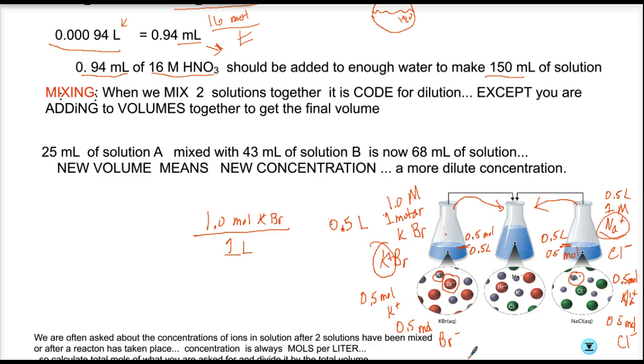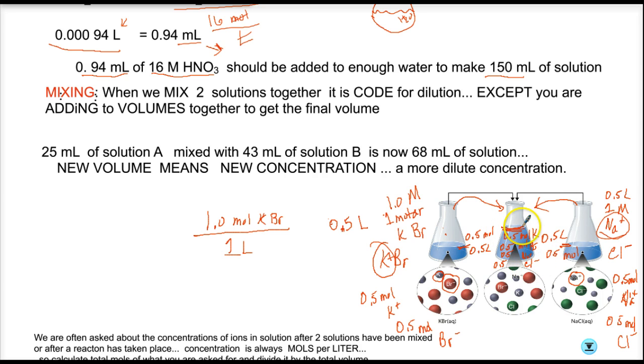Okay, so when I add all this together, I now have 0.5 moles of K, 0.5 moles of Br, 0.5 moles of Na+, and 0.5 moles of Cl-.